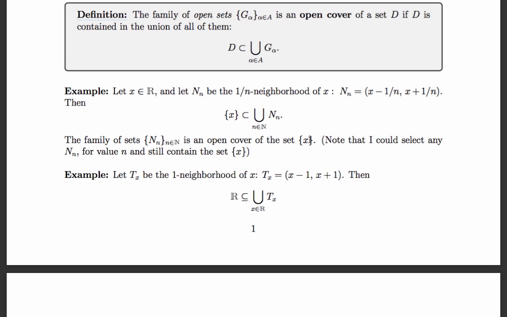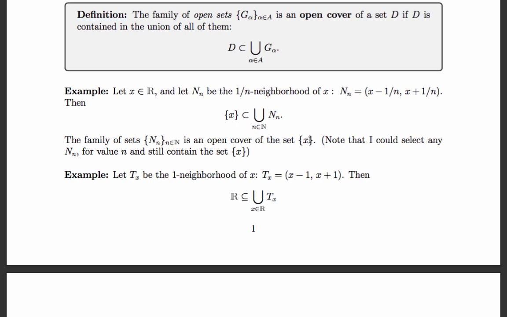Okay, now let Tx be the 1 neighborhood of X. So for a particular X value, Tx is X minus 1 to X plus 1. So I have an open interval of length 2, from X minus 1 to X plus 1. Well, if I took the union of every neighborhood for every X, I would get the entire real line.